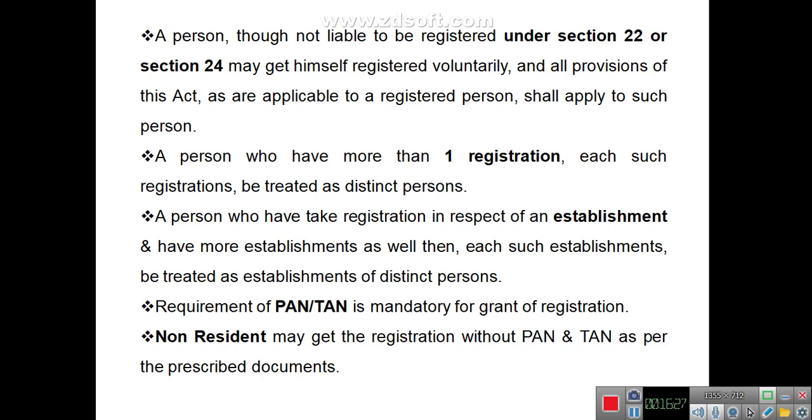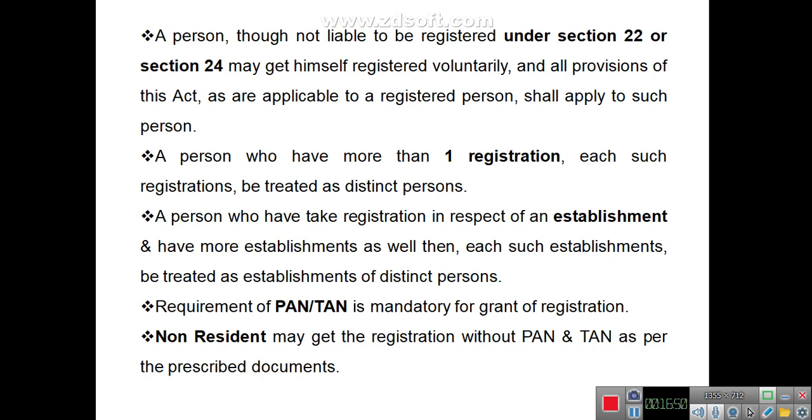A person who has more than one registration, each such registration will be treated as a distinct person. A person who has made registration in respect of an establishment and has more than one establishment, each establishment will be treated as an establishment of distinct persons.